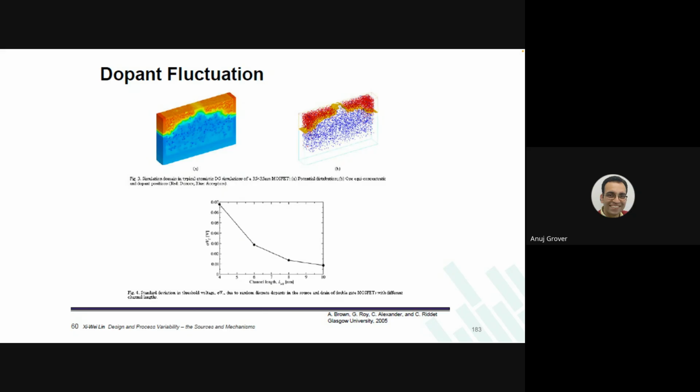That is dopant fluctuation. That is what is changing the place where your dopant is placed, how close to the channel it is, and how strong an influence that dopant atom would have on the channel. So it is not just the depth, it is not just the proximity to either source or drain.